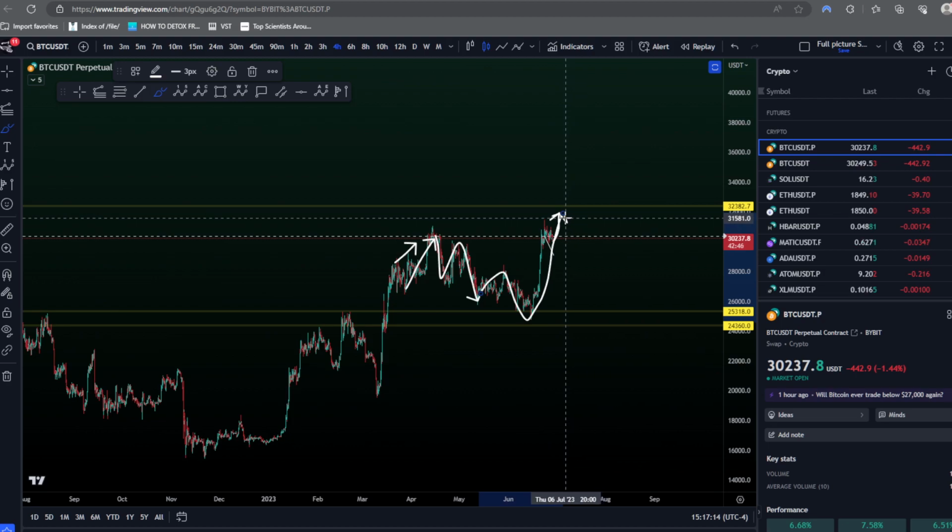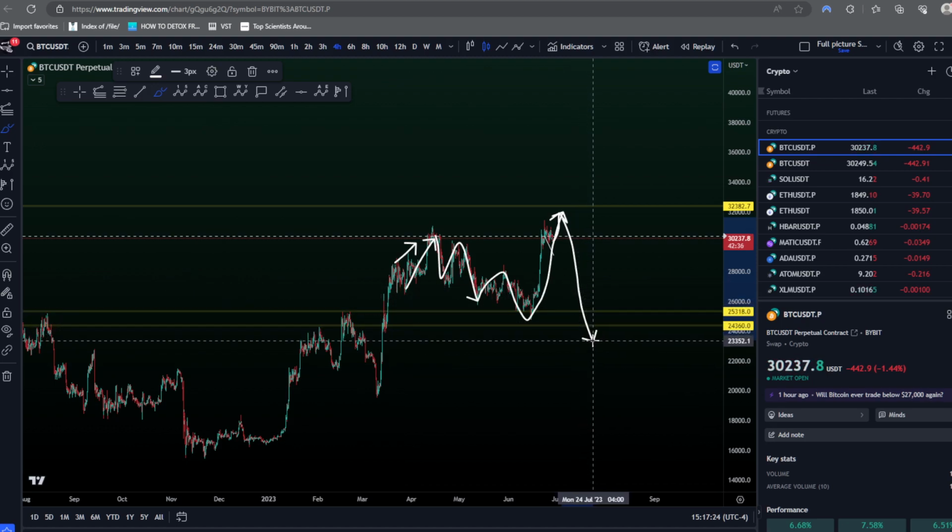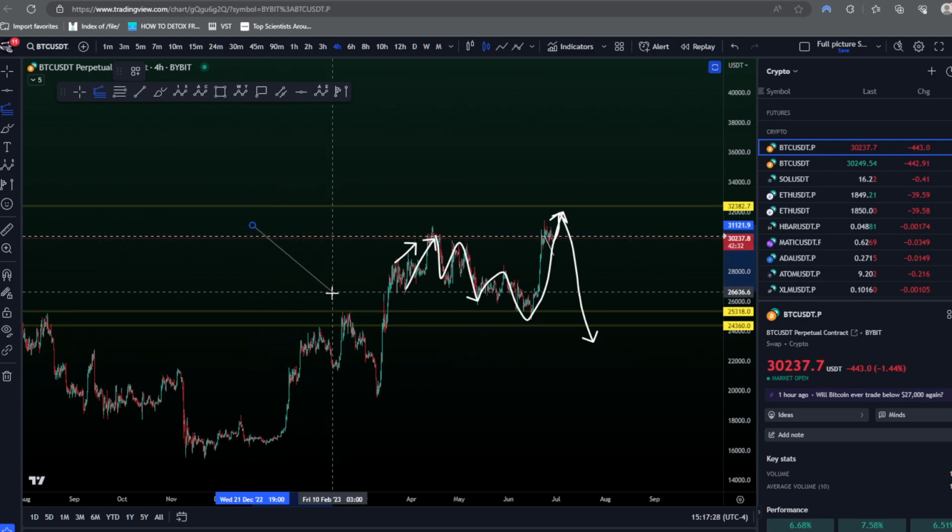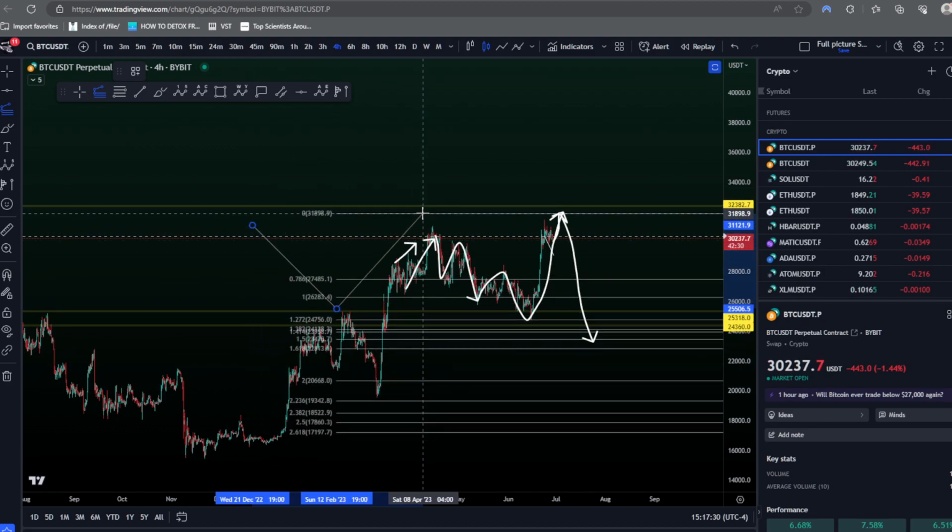And you would be looking for, I don't know if it would do that, guys. Would it? Right into our corrected pocket here. Down to 24K.